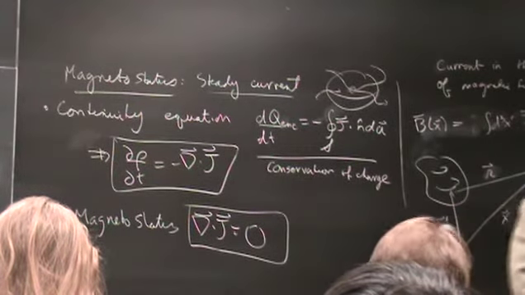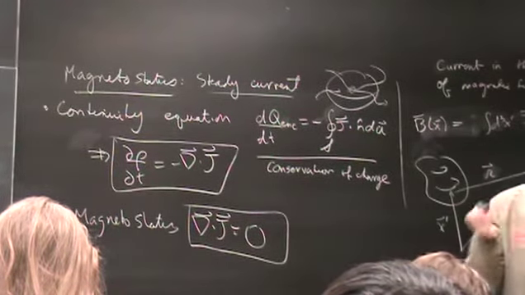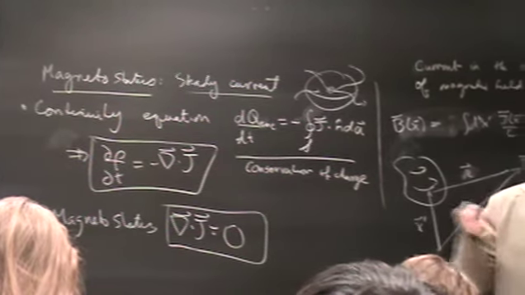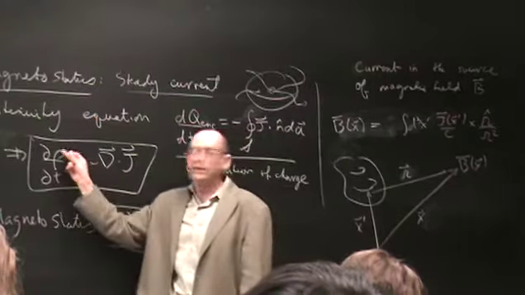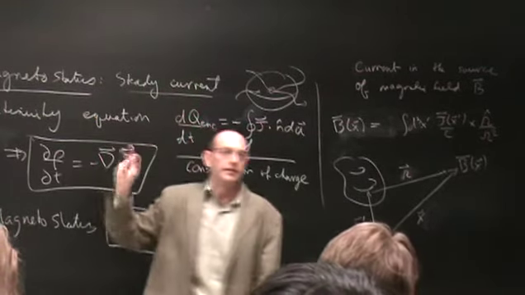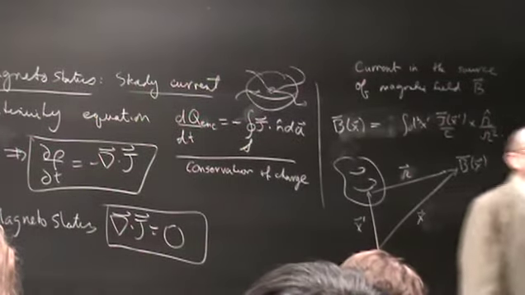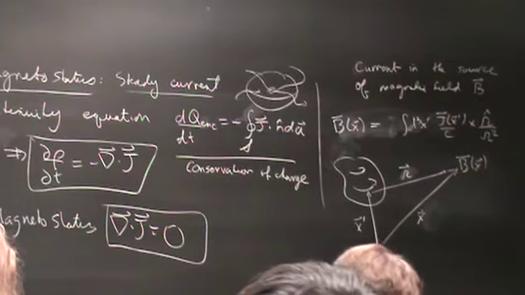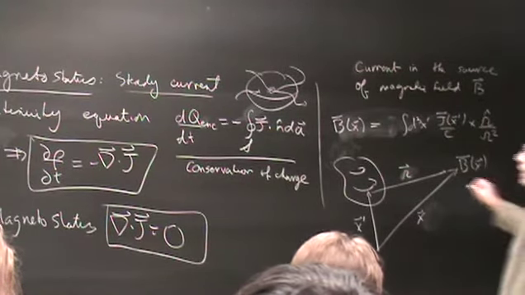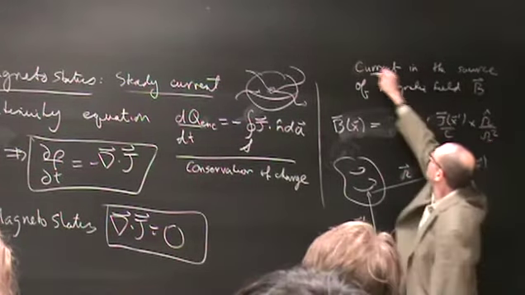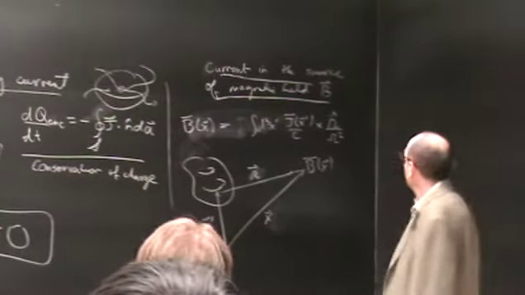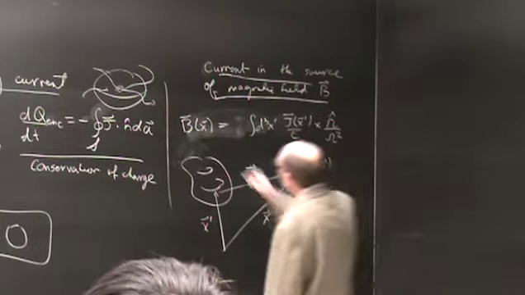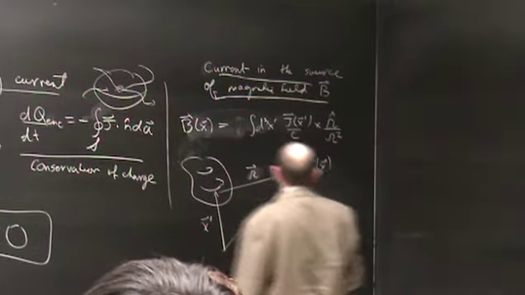So magnetostatics and electrostatics can be treated in the same context, because electrostatics means that the charge density is constant in time. That's electrostatics. Okay, so the currents themselves are the sources of the magnetic field, and we express that to start after the empirical law, the Biot-Savart law.